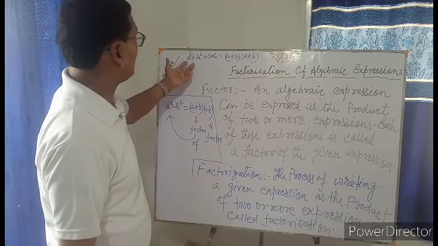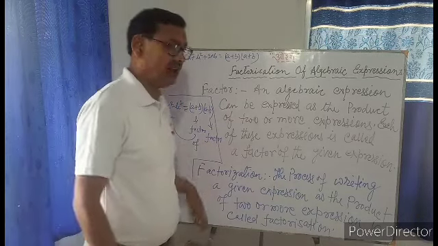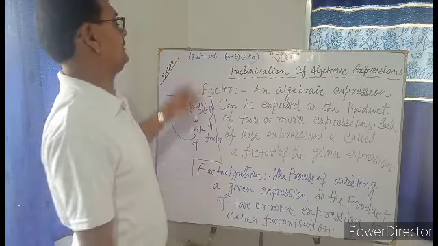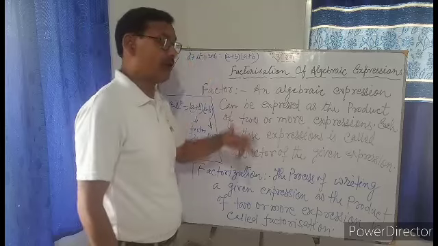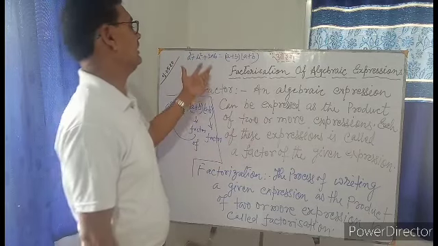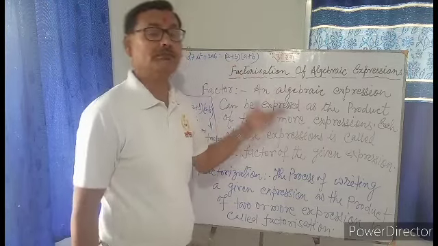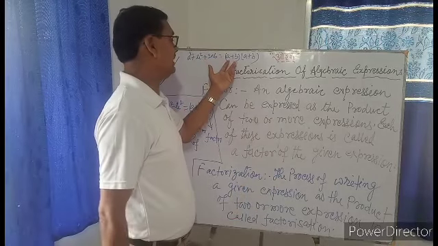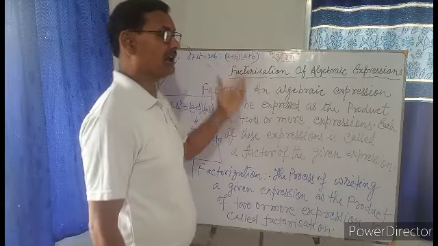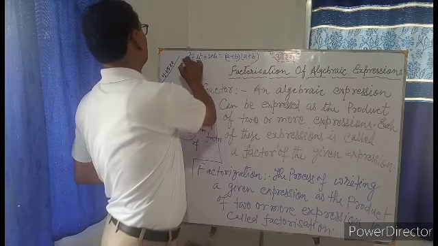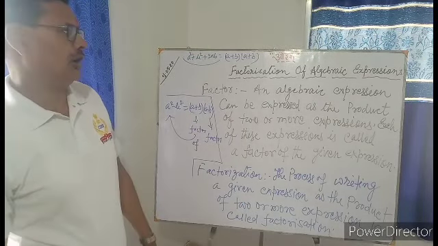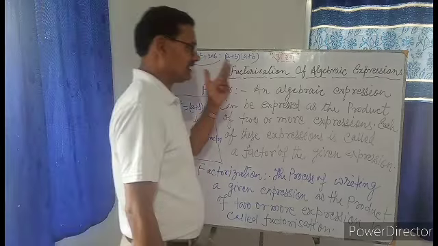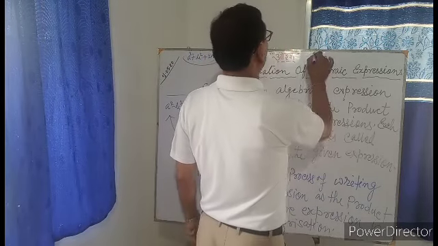Here a square plus 2ab plus b square has been expressed as the product of two expressions, a plus b into a plus b. So a plus b and a plus b are the factors of the expression. Did all of you understand?